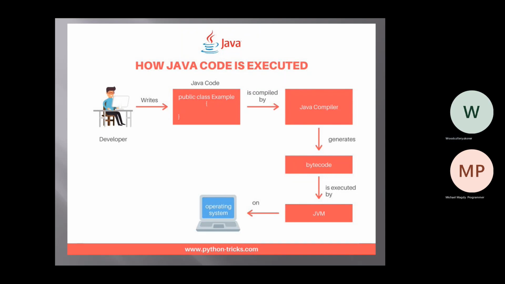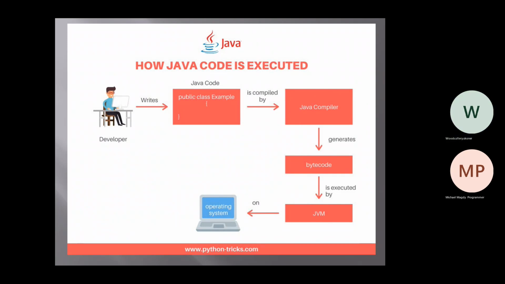Yeah, it's clear. So can you explain it again briefly on your own, how Java code works? You write the code on your computer, and it's compiled by a compiler. It sorts it out, and from there it goes to bytecode.